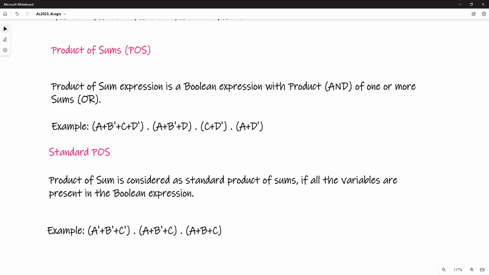That's exactly what we are going to discuss here. To discuss this, I would like to look at something called min terms and max terms.